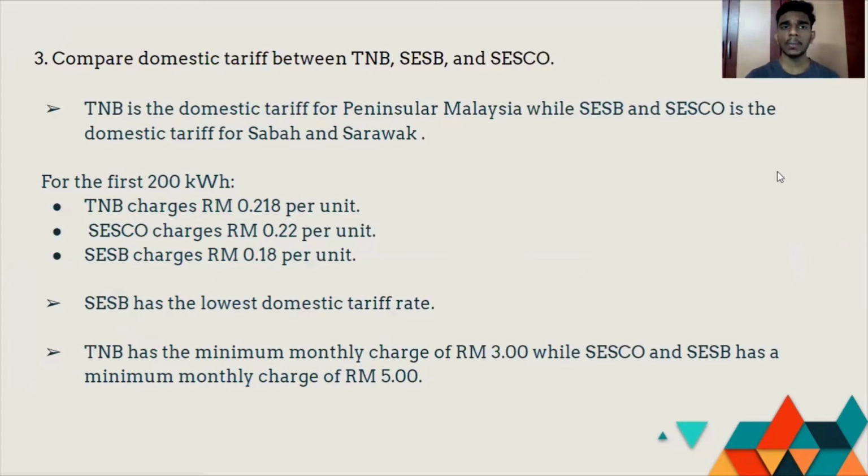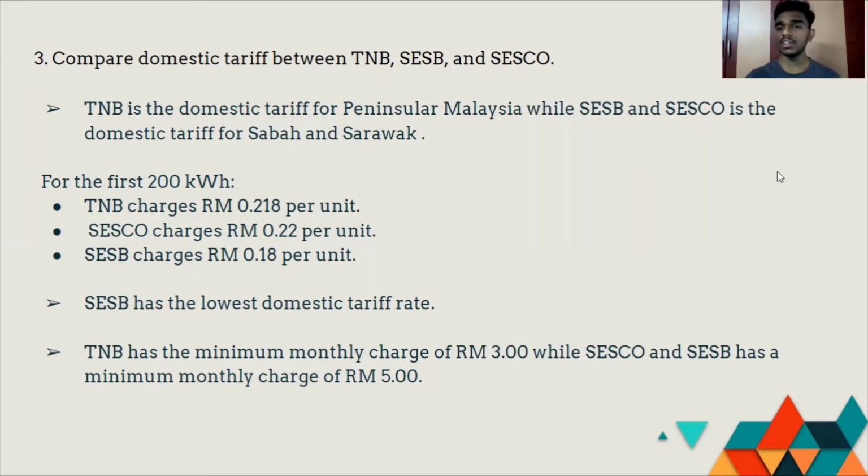And this question is to compare the domestic tariff rate between the TNB, SESB, and CESCO. TNB is the domestic tariff for Peninsular Malaysia, while SESB and CESCO are the domestic tariffs of Sabah and Sarawak. Based on our research and findings, we know that for the first 200 kilowatt hour, TNB charges RM0.218 per unit, CESCO charges RM0.22 per unit, and SESB charges RM0.18 per unit.